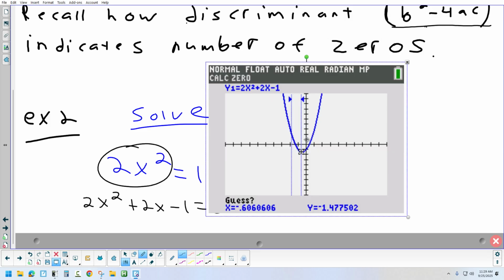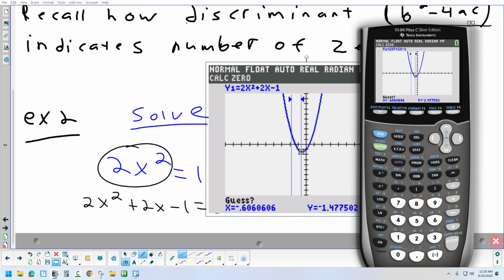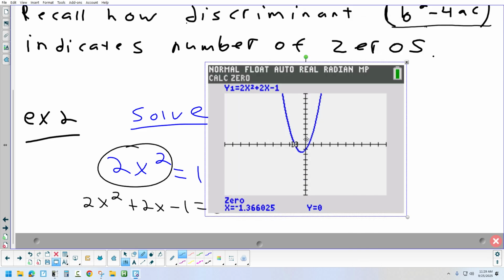Make sure there's only one answer between the dotted lines. If you put your cursor too far to the right, then you're going to be trying to get both at the same time. We can't do that. And then we do our guess, and that is the first answer, -1.37.